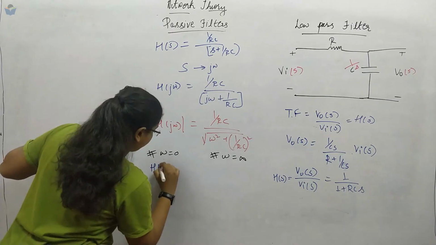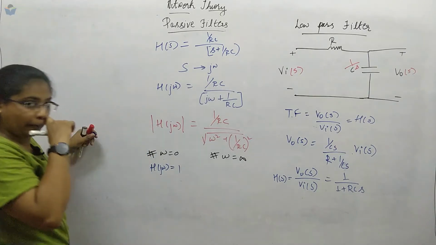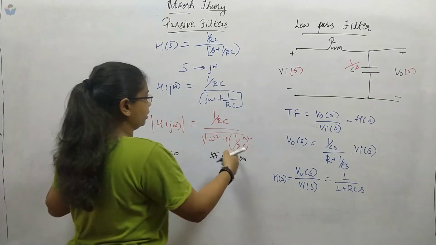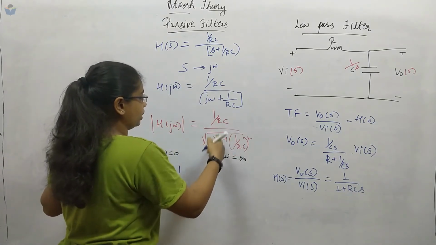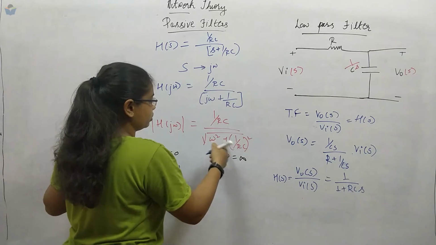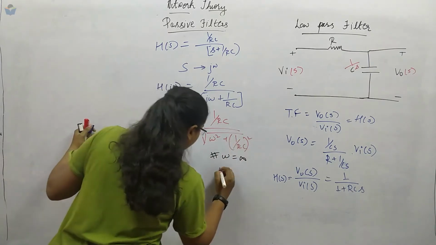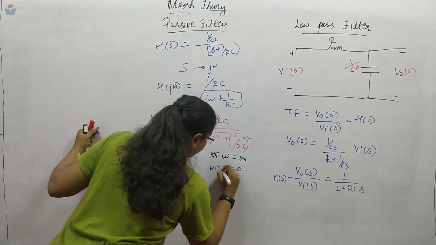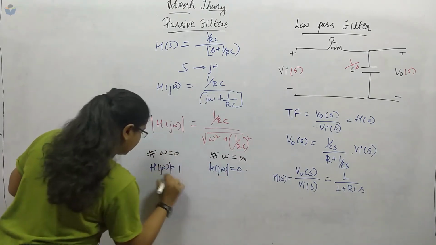So the magnitude of H of J omega is 1. When you put infinity, 1 upon infinite is negligible, so H of J omega equals 0. The magnitude is 0.